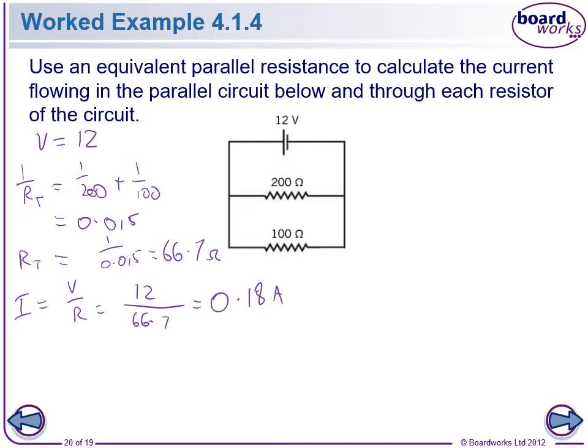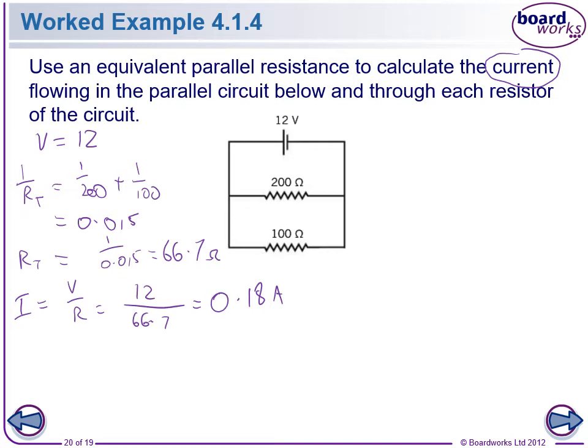Okay, that's the answer. Again, it's better to leave it in amps for now because we'll be doing some calculations using that number. So we've got our current flowing in the overall circuit.